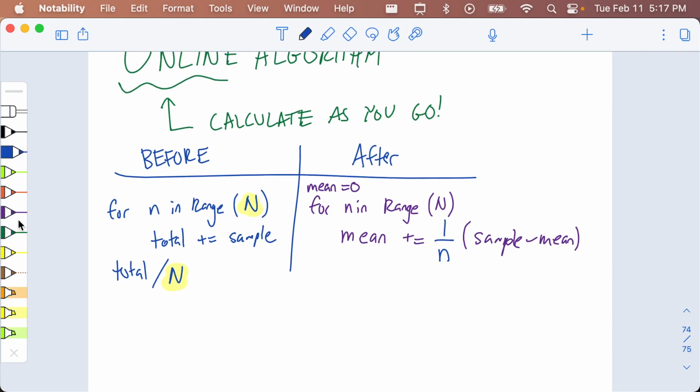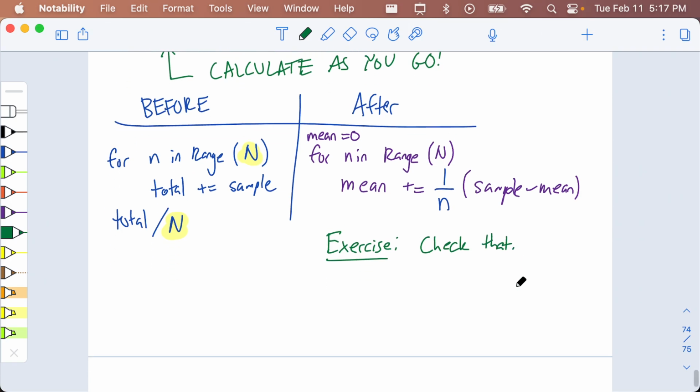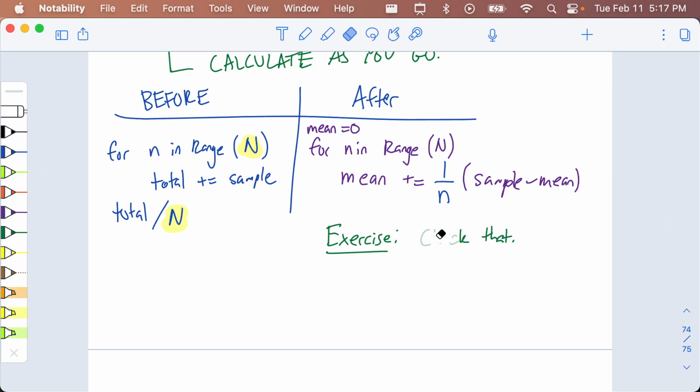So this could be an exercise. Check that. Okay, let's say prove. That's a fancy word.